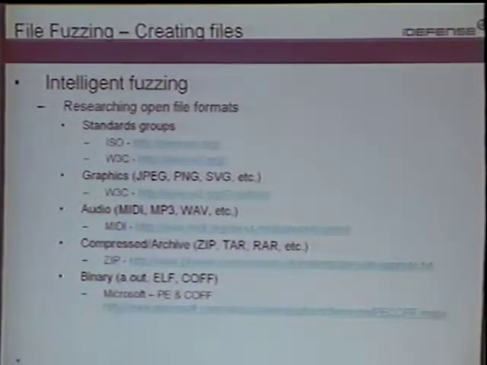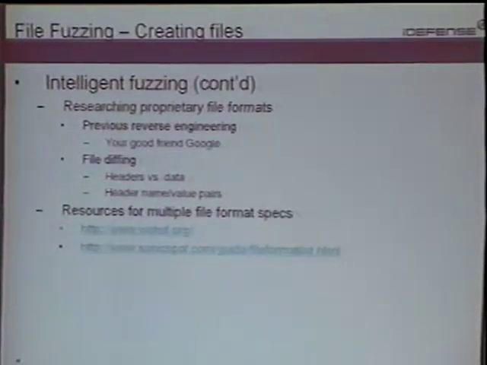So how do you figure that out? Well, go the old-fashioned way, do some research. If you're dealing with an open file format, there's plenty of resources out there. There are standards groups, there are websites that give plenty of information. This is just a listing of some basic URLs to get you started. What do you do if you have a proprietary file format? There's still plenty of information out there.